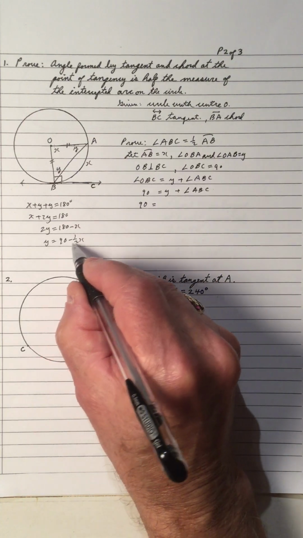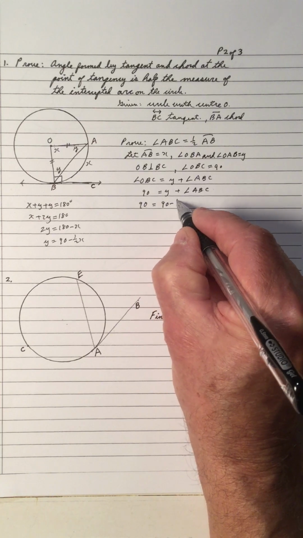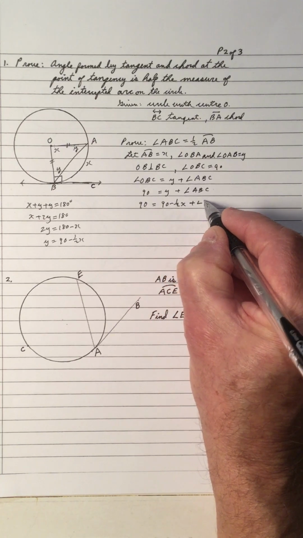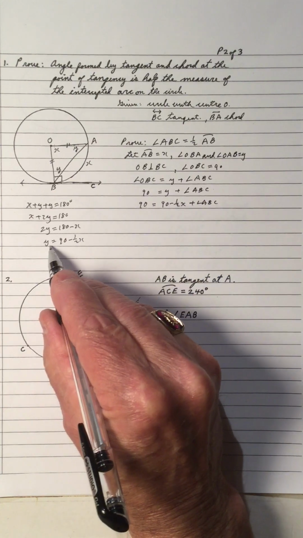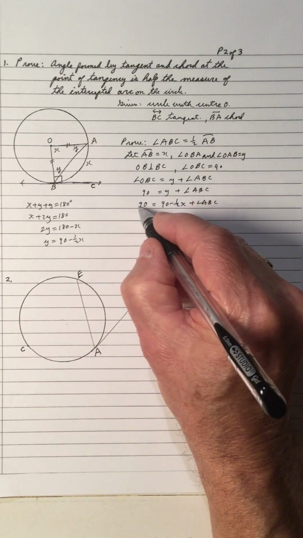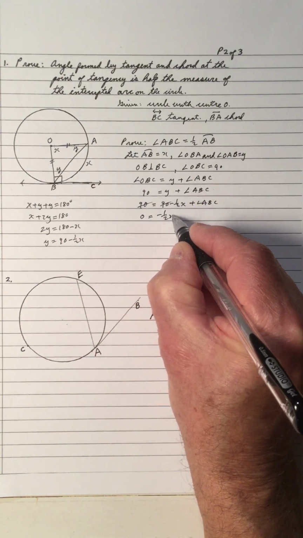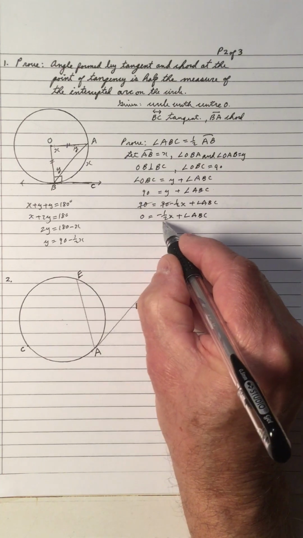But again, from here, Y is equal to 90 minus a half X, so 90 equals 90 minus a half X plus angle ABC. I replace Y with 90 minus a half X. The 90s cancel out, so I get 0 equals negative a half X plus angle ABC.